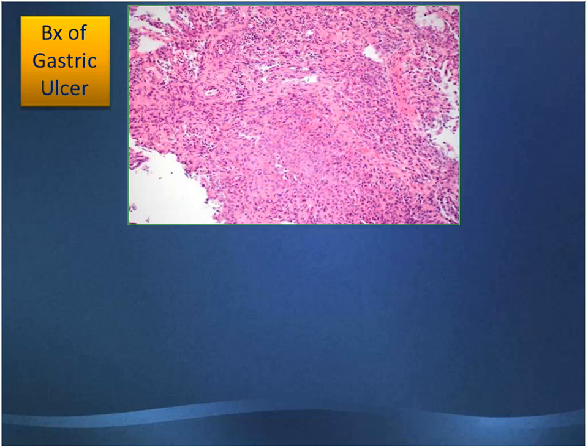Let me give you an example of how it may prove to be very useful. Here is a biopsy of a gastric ulcer. The patient was bleeding, and the clinician felt that there was an underlying large mass protruding through the mucosa and causing this ulcer and bleeding.